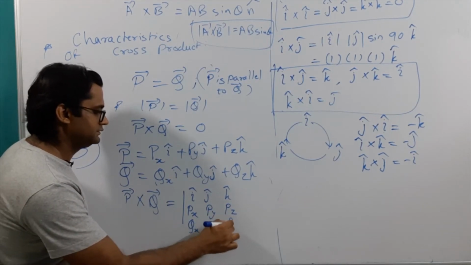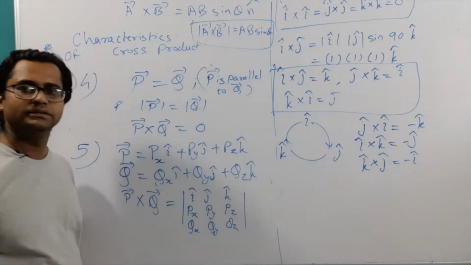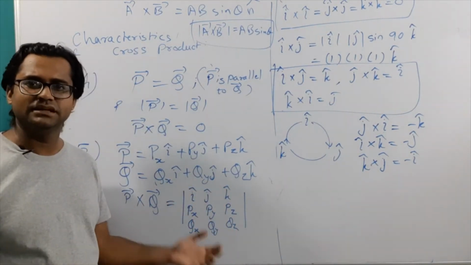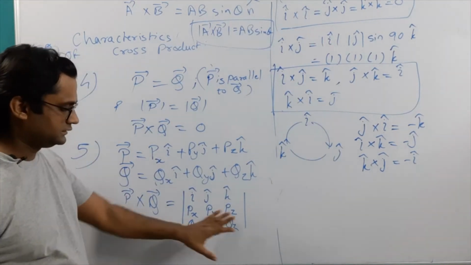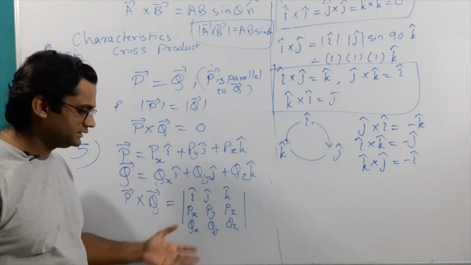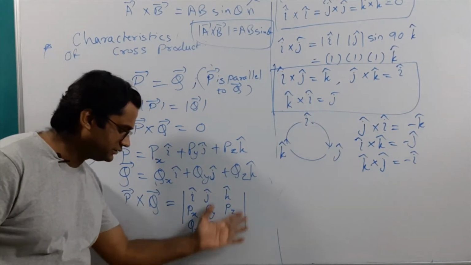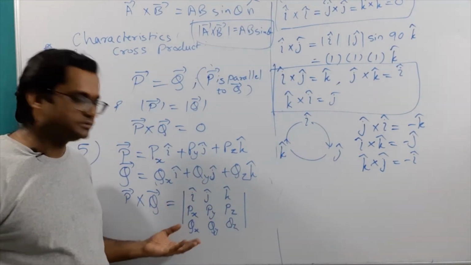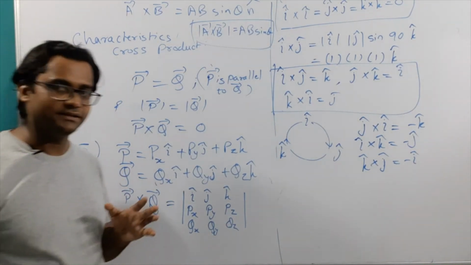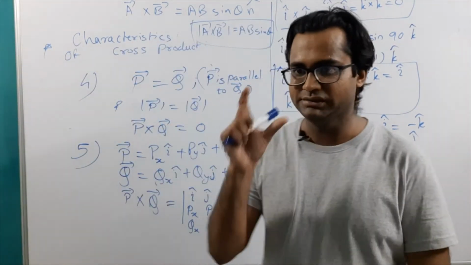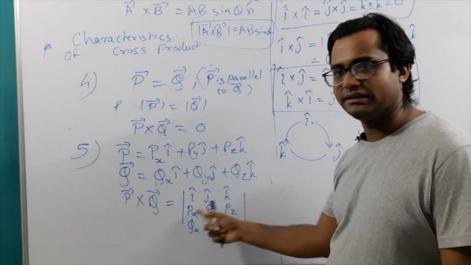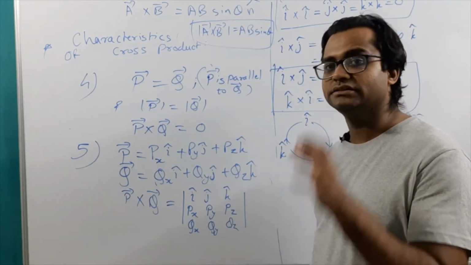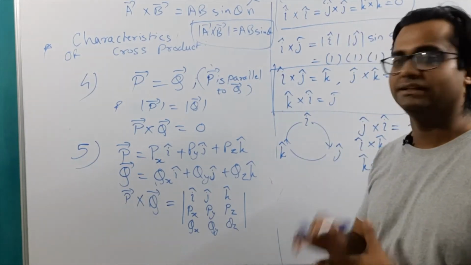This is how we write the cross product of two vectors. We'll study what this determinant is. I think it will be taught in maths, but again I'll just introduce what this determinant is and how to solve it. We have already solved some determinants of small size. This is 3 by 3, since there are 3 rows and 3 columns, so this is a 3 by 3 determinant. We have already solved a 2 by 2 determinant in Cramer's rule in our 10th standard.